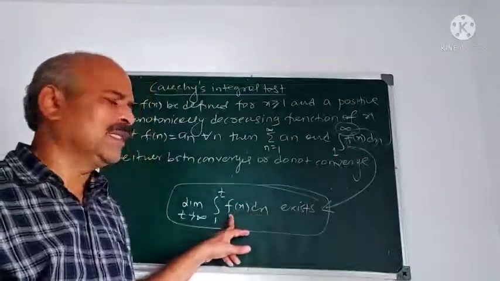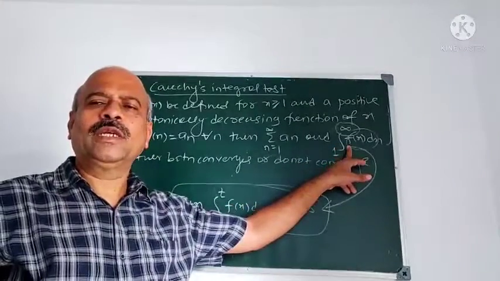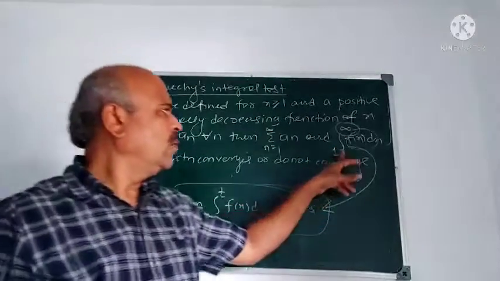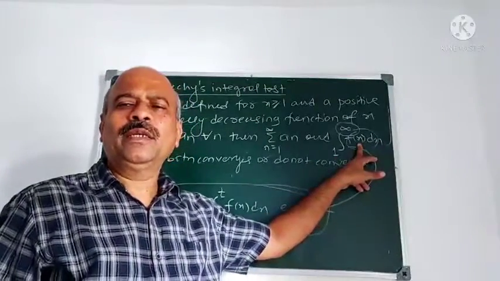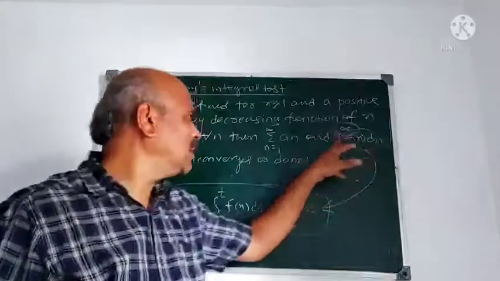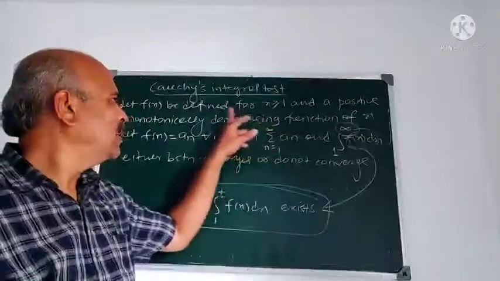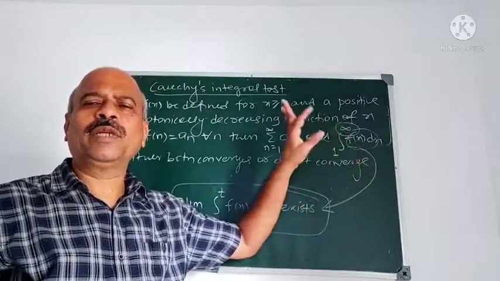Suppose this doesn't exist, it tends to infinity, we say that this diverges. Sometimes primitives are easily obtained. This integral f(x) dx can easily be obtained. In such cases, the convergence of this sigma a_n can be studied with the help of this improper integral.